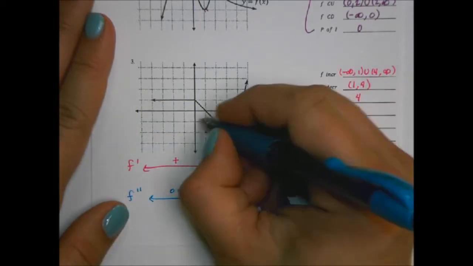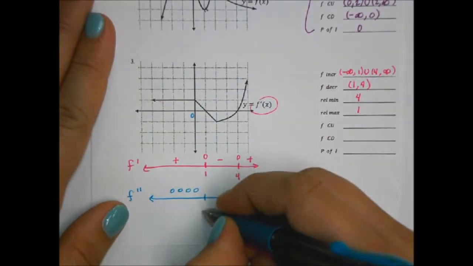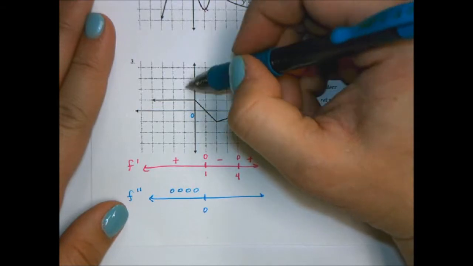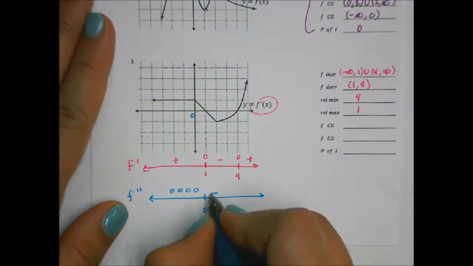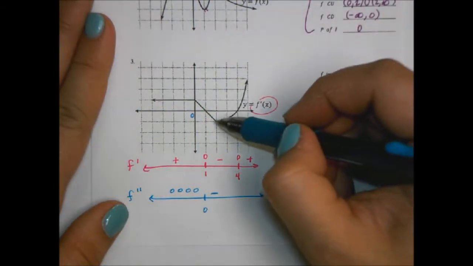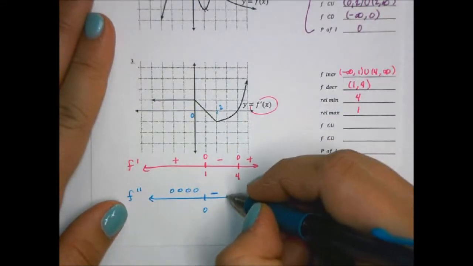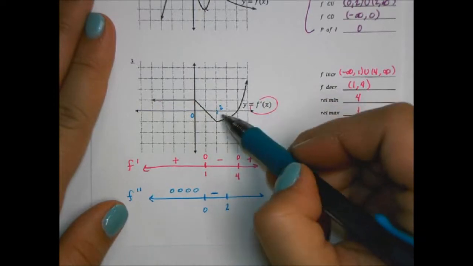So when I get to 0, what happens? The slopes of the tangent lines are all negative until I get to this x value 2. And after that, the slopes of the tangent lines are all positive.